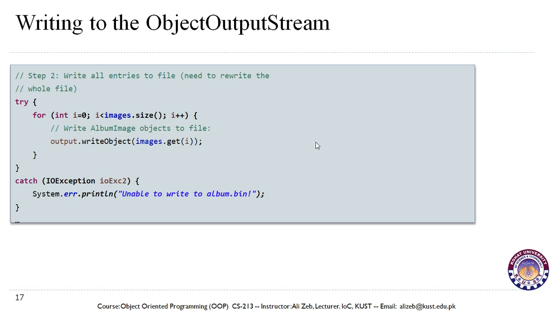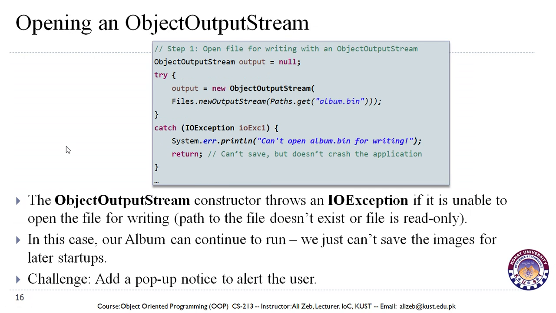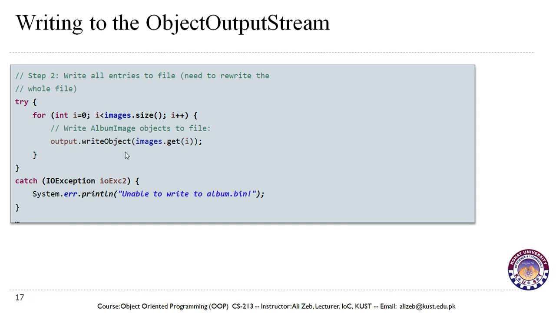For example, we use a loop over here, and then we use the output object that we created on our previous slide to write all of the images one by one to our file using the writeObject method, and we pass each image one by one, and we write that image detail to our file.